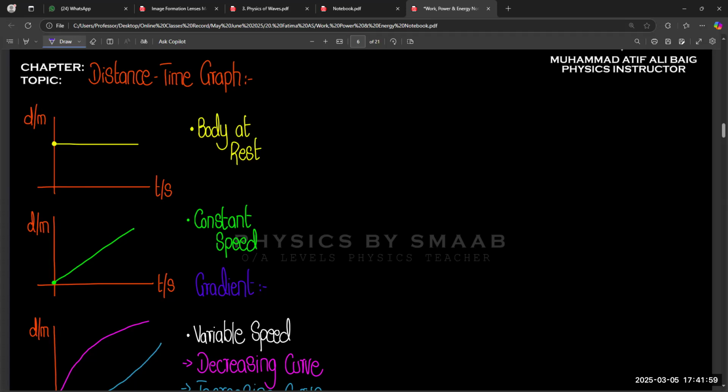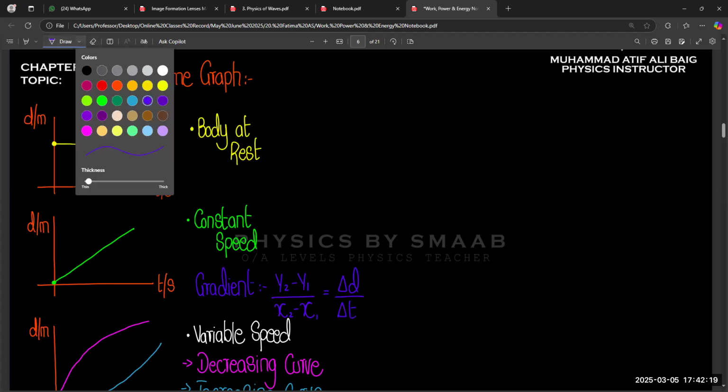On the y-axis we have the quantity of distance, and on the x-axis we have the quantity of time. So this will be change in distance divided by change in time. So the gradient of the graph always represents the speed.